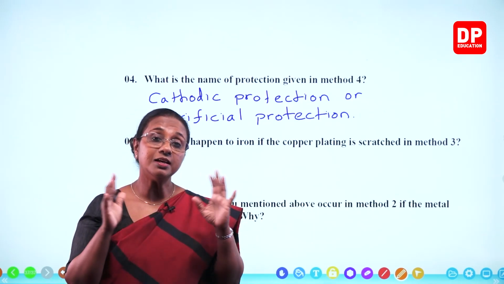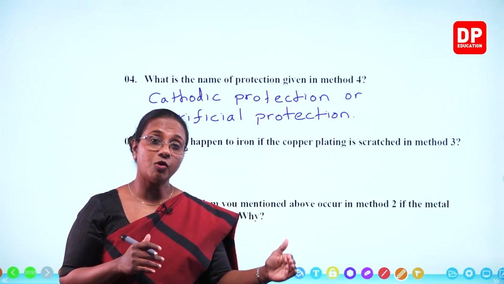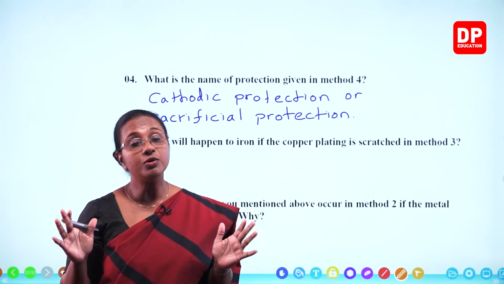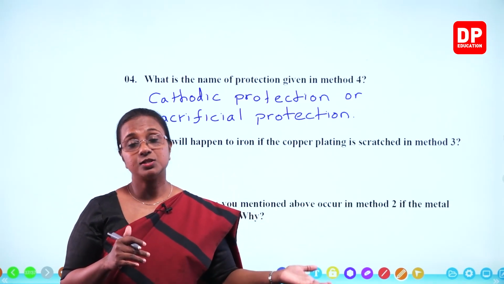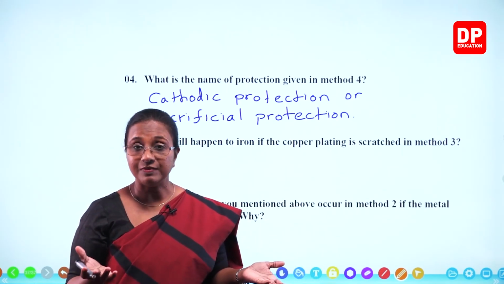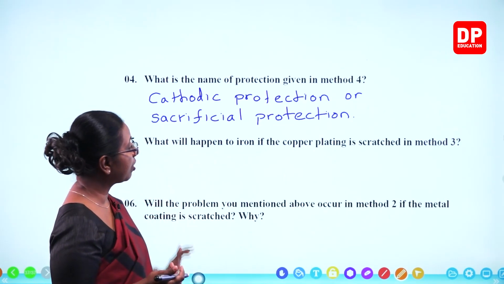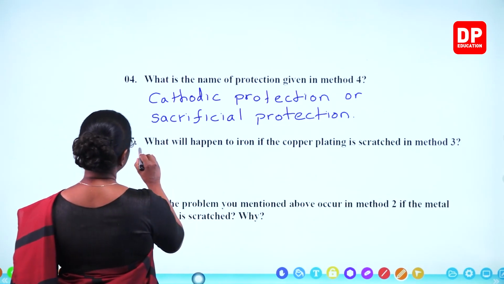So, until the coating is there is no contact of water and air with iron. So, therefore, there will be no rusting. But when the coating is scratched, then iron is exposed to both oxygen and water vapor. Therefore, iron will rust. So, here the question is, what will happen to iron if the copper plating is scratched in method 3?